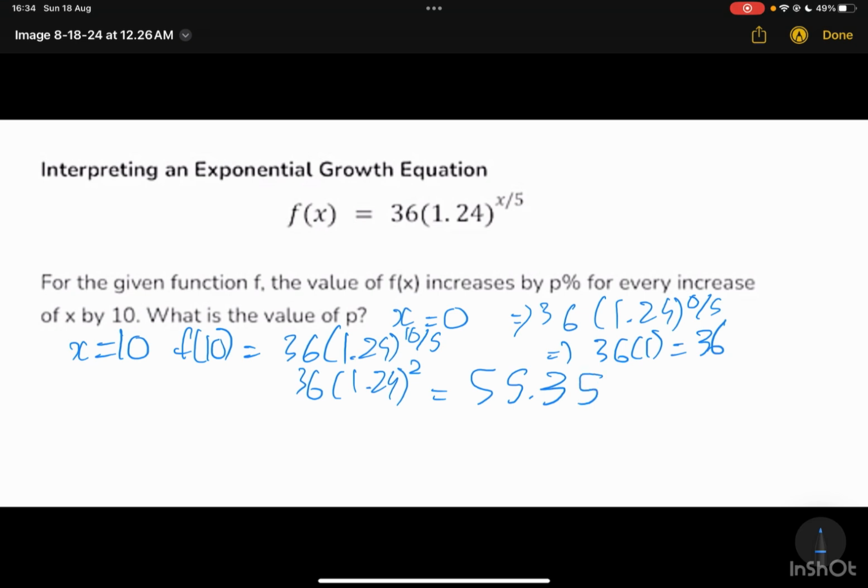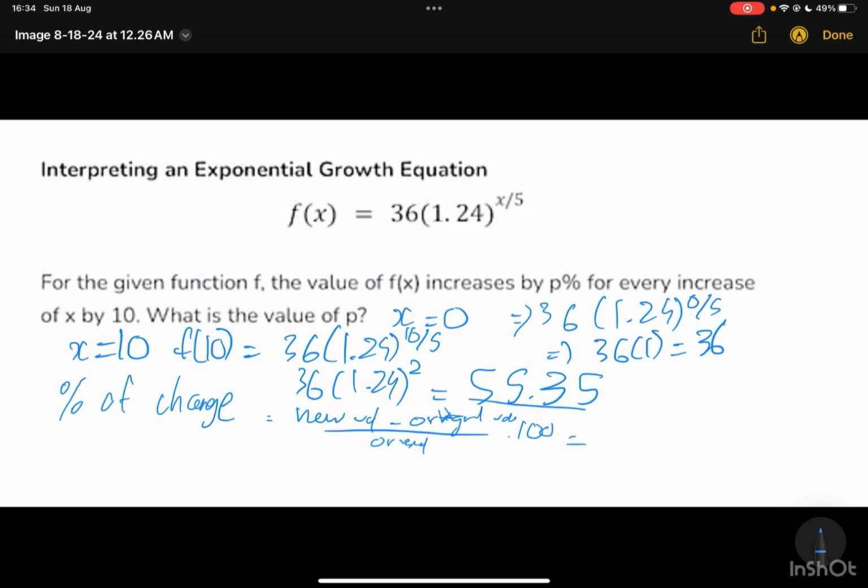So for the value f increased by p%, we're going to calculate the percent of change. It's going to be the new value minus the original value, divided by the original value, multiplied by 100.